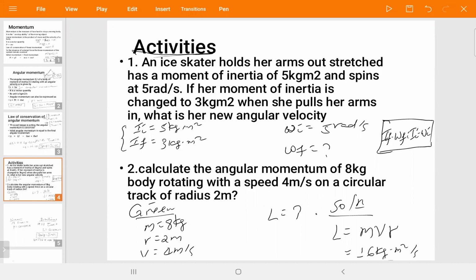Then we can find the magnitude of one of the two quantities. And the other option for getting the value of angular momentum is m times v times r. So we have two expressions, and we can use them interchangeably.